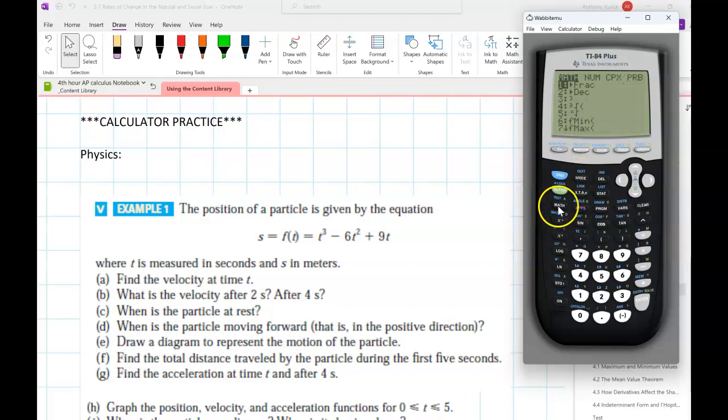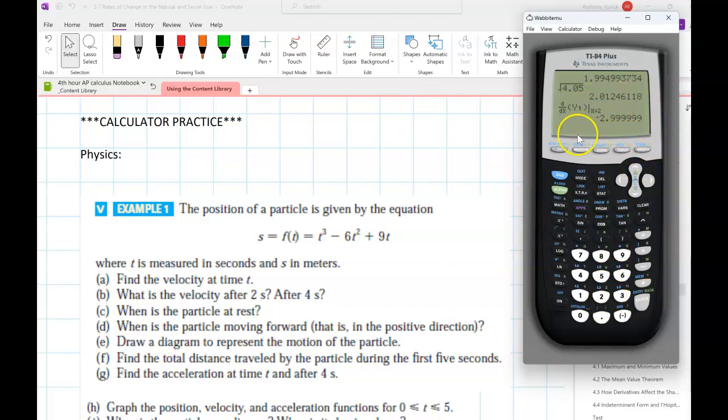I'll press the math button then and select option number 8, which is called nDeriv. So this looks like the derivative notation, right? I'm going to indicate that I'm going to do this derivative with respect to x. And the thing I want to differentiate is the equation I typed into y1. So I'm going to press vars, yvars, function, y1, and tell it to evaluate that derivative at 2.